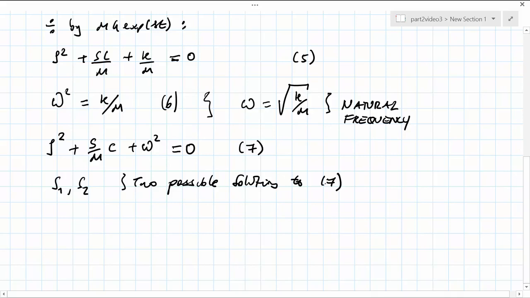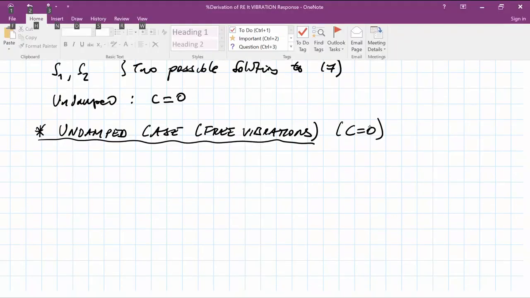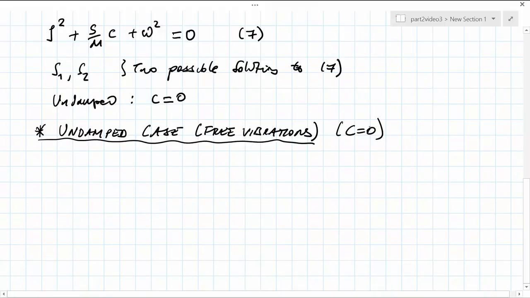For the undamped case, we can say that c is equal to 0. As c is equal to 0, equation 7 now becomes s squared plus omega squared equal to 0.